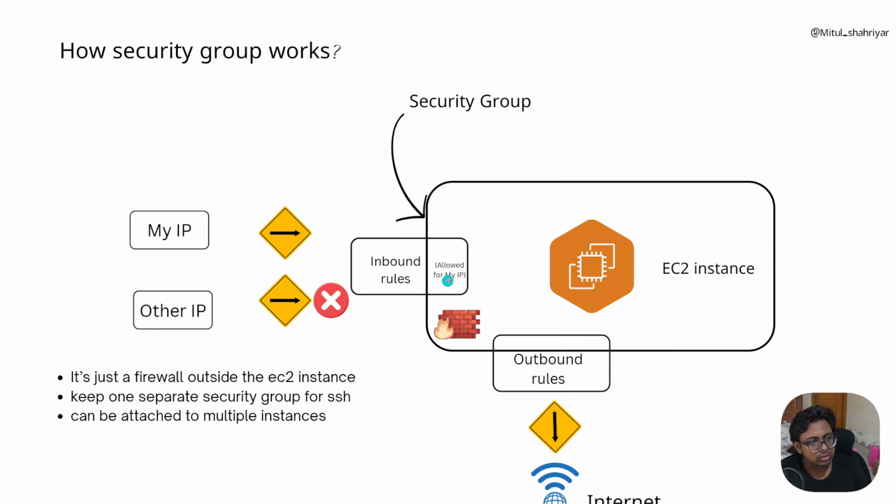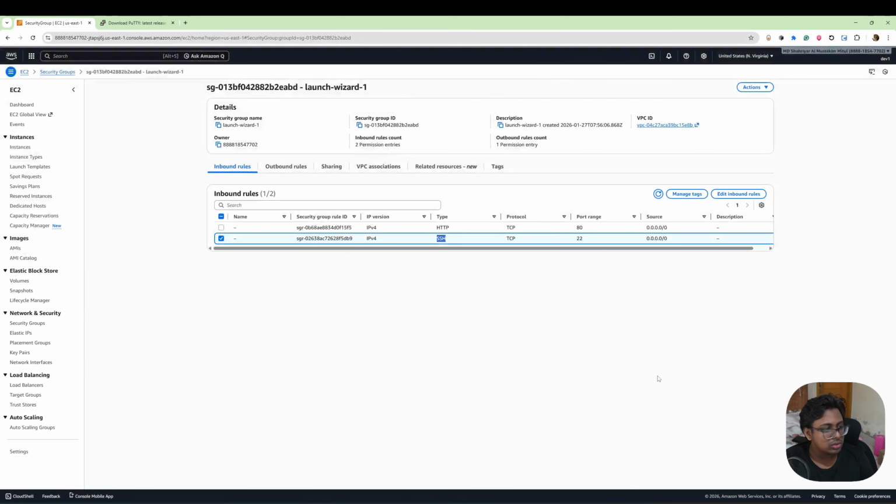When we are choosing these inbound rules, we need to mention an IP. I mentioned in the last video that we can choose a customized IP, my IP, or allow anyone, and if we want to allow anyone, we choose this one. This is a dedicated IP basically meaning that anyone can access your service.